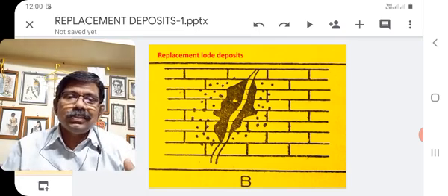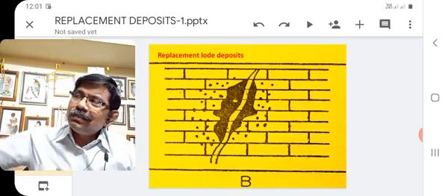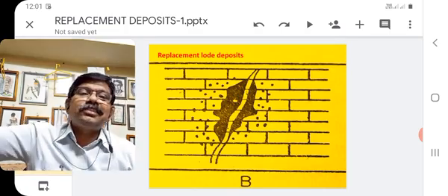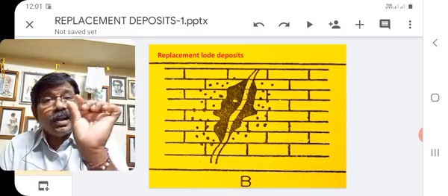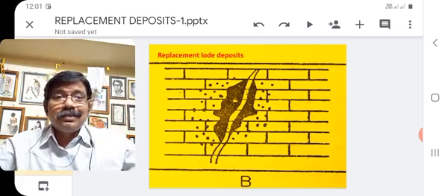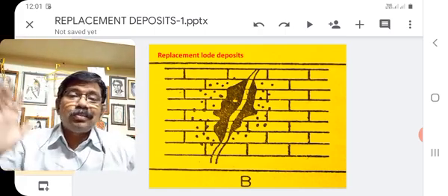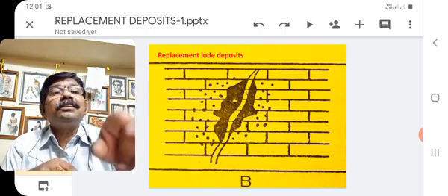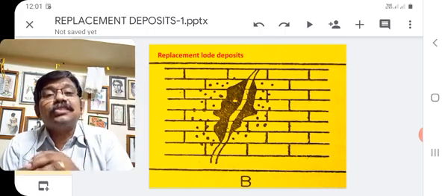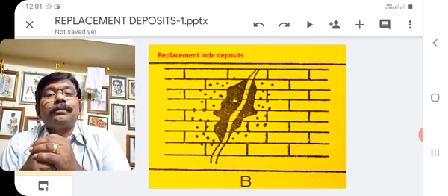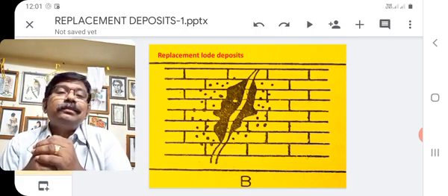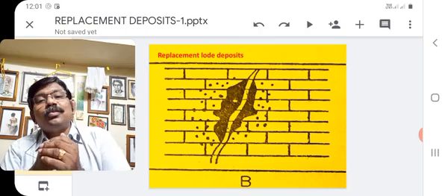In the load deposition, you can find that at some distances small depositions are also there. There are other deposits also. You can find those dot distributions. Then this is the replacement load deposit.